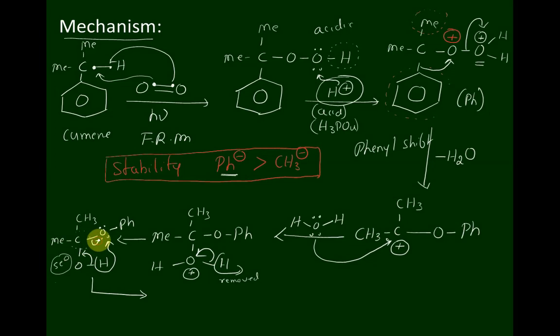Therefore these electrons will jump towards this oxygen atom to form PhOH. The name of the compound is phenol, along with the byproduct CH3 C double bond O CH3, that is acetone. So this is the mechanism involved in the cumene process.